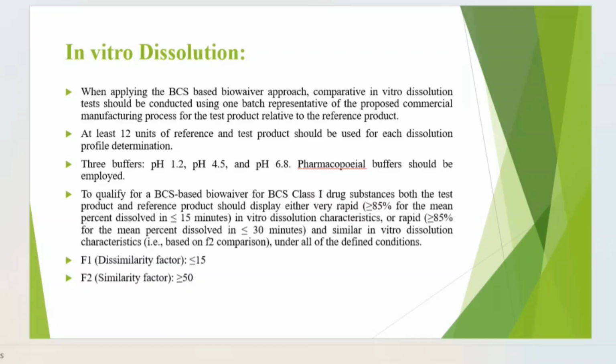At least 12 units of reference and test product should be used for each dissolution profile determination. 12 units means 12 tablets should be used of each, that is a reference and test. मतलब total 24 tablets use होंगी in vitro dissolution के लिए. 3 buffers: pH 1.2, 4.5 and 6.8.